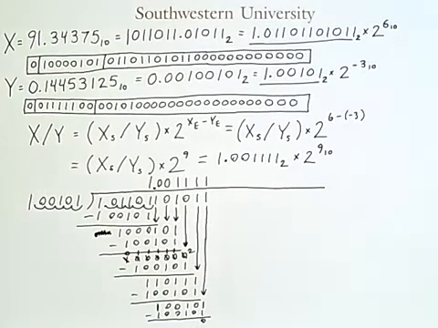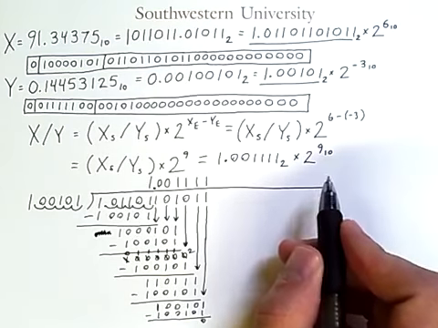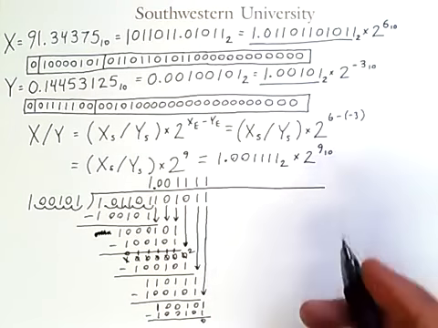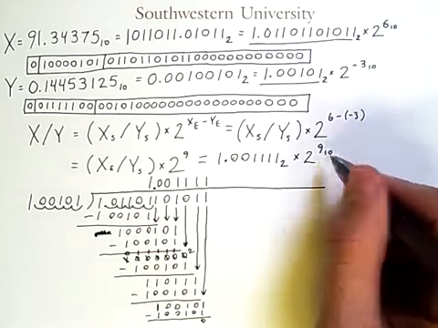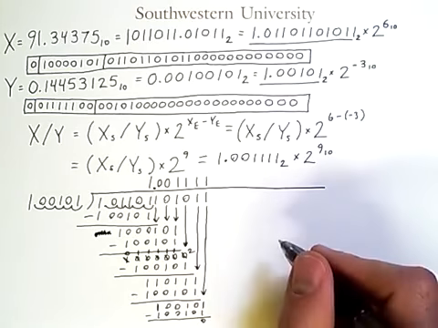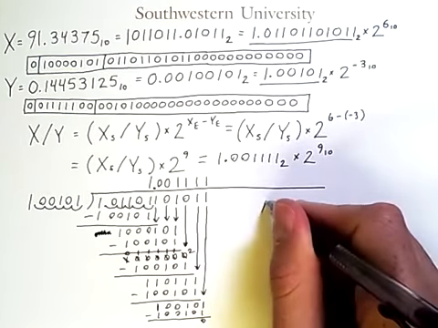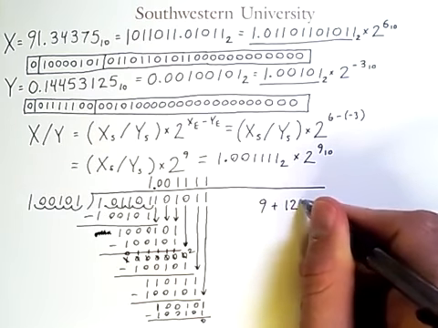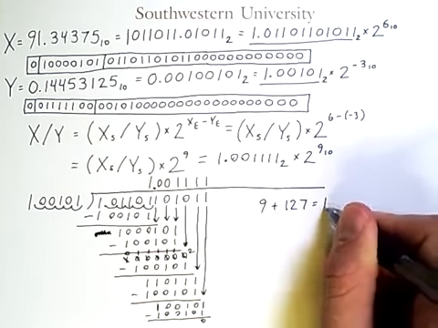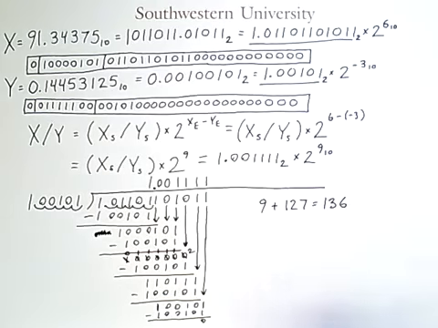And now I just need to put this number into its floating point representation. So I need to bias the exponent by adding 127 to it. So 9 plus 127 equals 136.